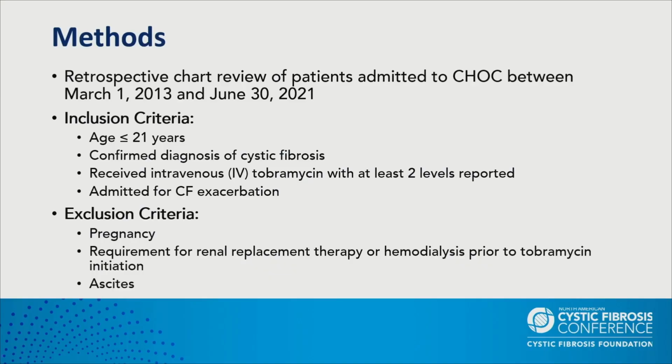So for our methods, it was a retrospective chart review of patients who were admitted to CHOC between March 1st, 2013 and June 30th, 2021. We included patients who were 21 years and younger, admitted for a CF exacerbation, who were receiving IV tobramycin with at least 2 levels reported.